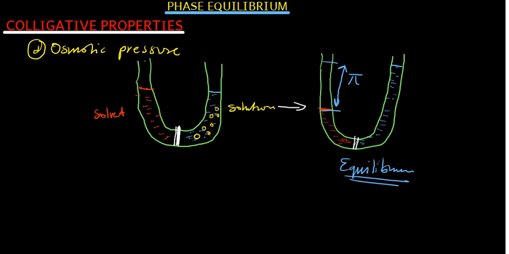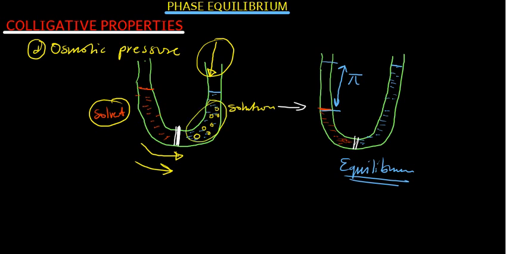Now, osmotic pressure is simply the minimum pressure that you have to apply to the solution side to stop fluid movement. What are we talking about then? Remember, fluid movement is moving in this direction. Now, if you apply pressure here, instead of the water, the solvent which is here, moving in this direction, what is going to happen is the pressure which you are applying is going to force the little molecules of water which you have in this solution to go in that direction until a point of equilibrium is reached.